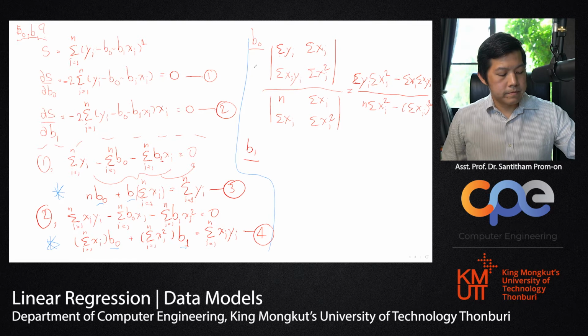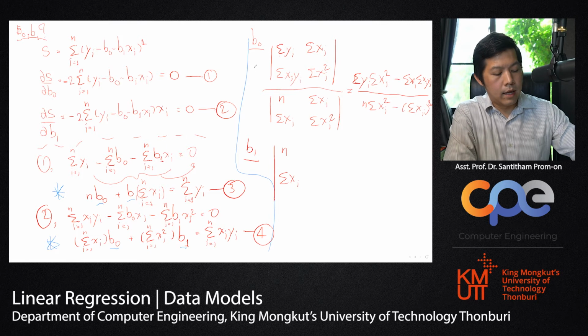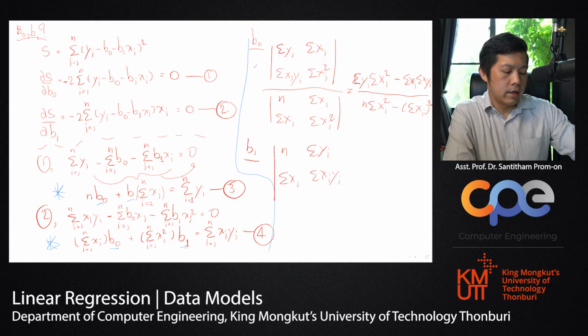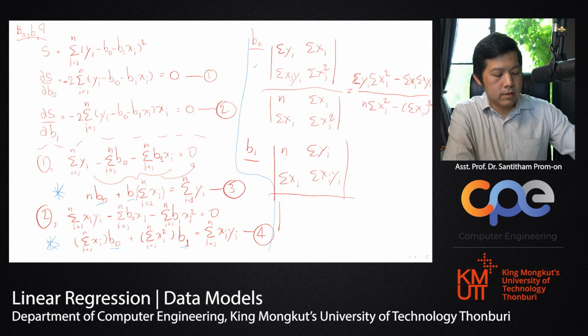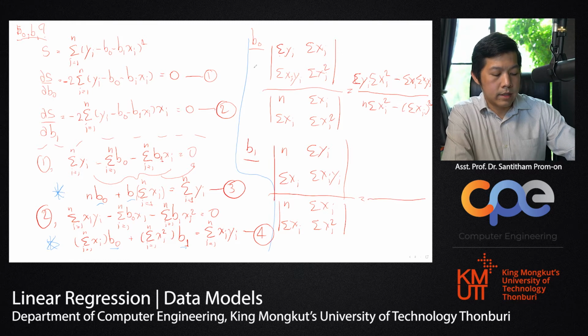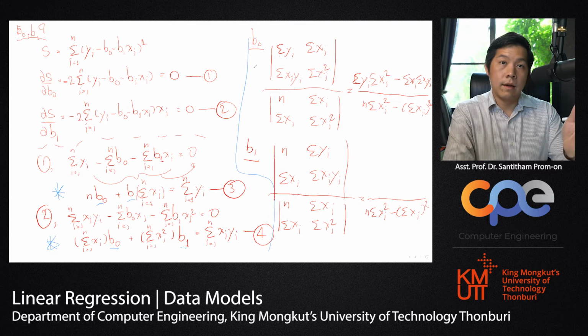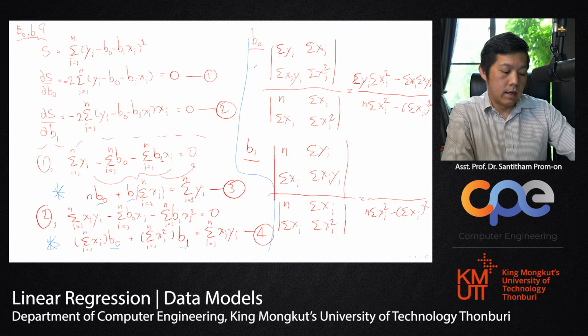For b1, using Cramer's rule again, n, sigma xi and sigma yi, sigma xi yi, divided by the same terms. So this is easy then, sigma xi, sigma xi square. It's easy because I can just use the above determinant, n sigma xi square minus sigma xi squared, and the numerator is n sigma xi yi minus sigma xi sigma yi.